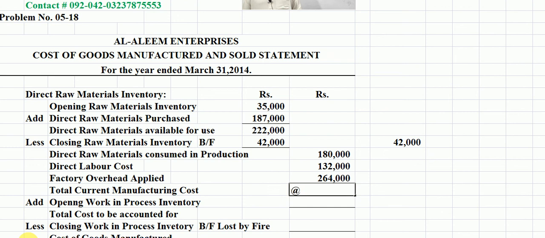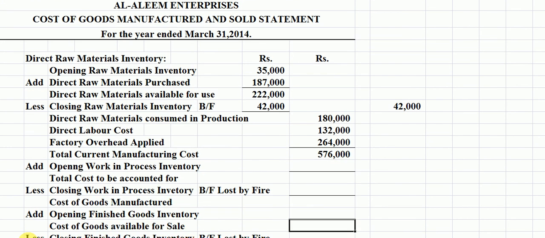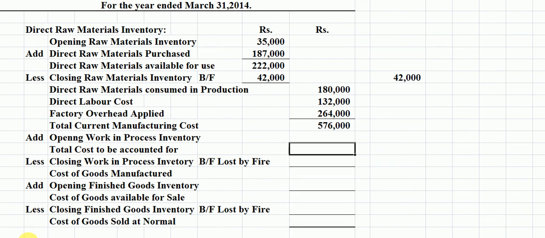The sum is 5,76,000 rupees, the total current manufacturing cost. Now we add here opening work in process, which is 20,000 rupees. So the sum of both values is 5,96,000 rupees. Now students, this is the missing value.